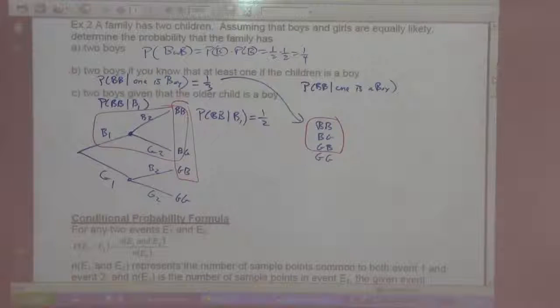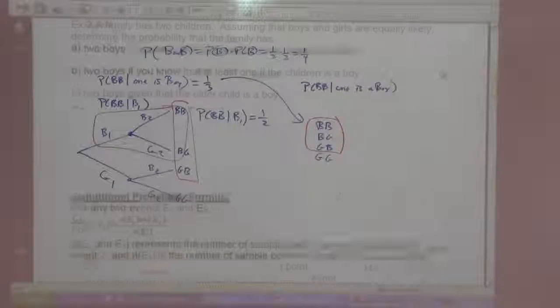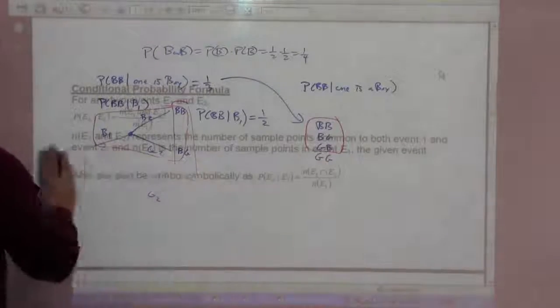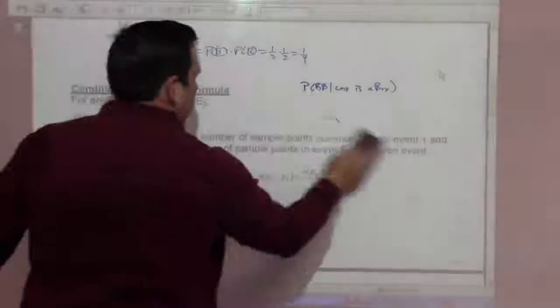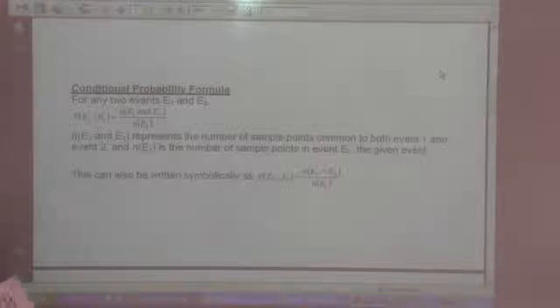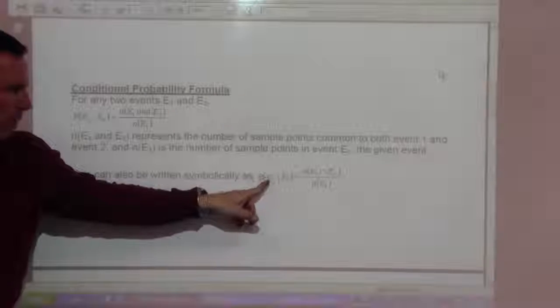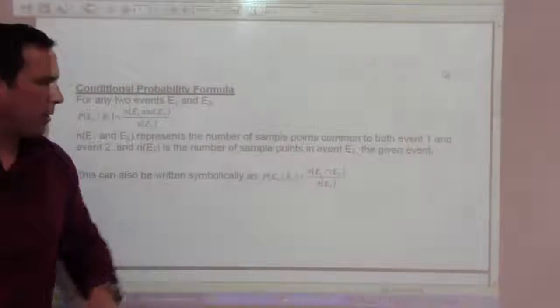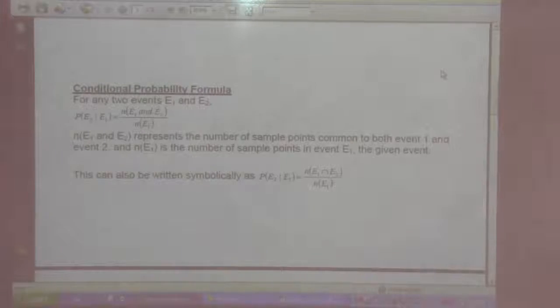I'm going to scroll this up, so pause if you need some more time to write this down. This can also be written symbolically as the probability of E1 given E2 is the number in E1 and E2 divided by the number in E2.